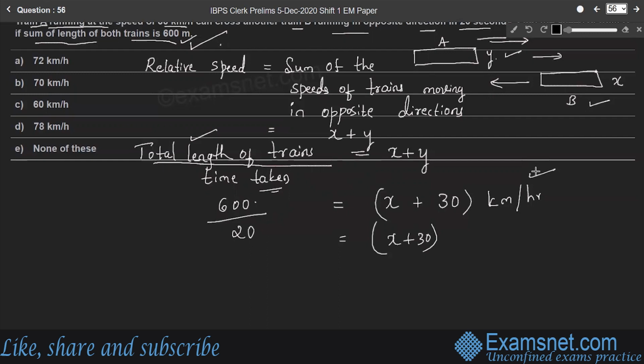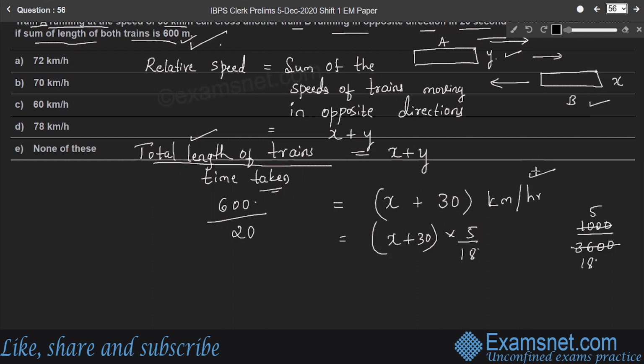Multiply the term x plus 30 by 5 by 18, because 1 kilometer is 1000 meters and 1 hour is 3600 seconds. Two zeros get cancelled, so 2 into 5 is 10 and 2 into 18 is 36.